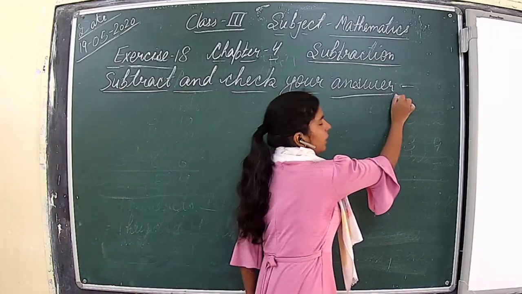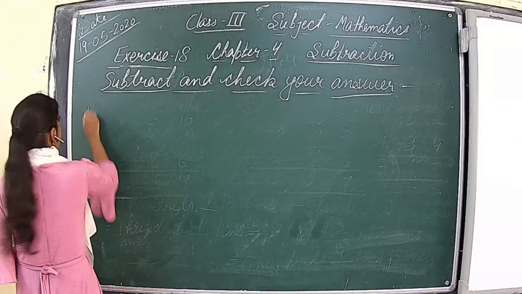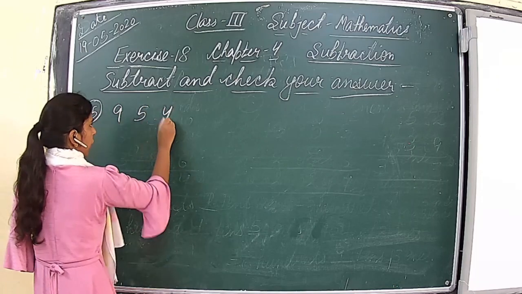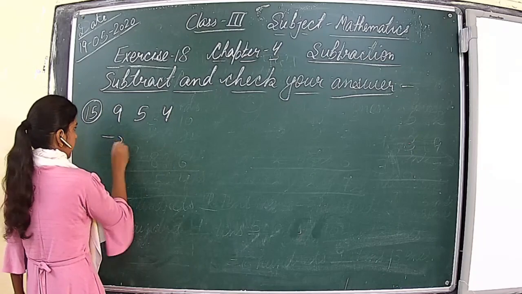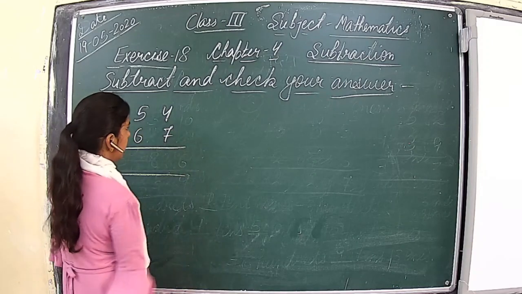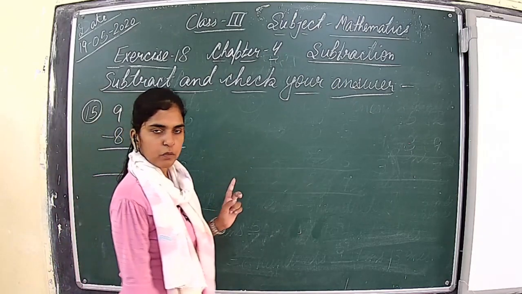So let's start question number 15. 954 minus 867 is equal to what? So first of all, let us subtract 4 minus 7. We cannot subtract.